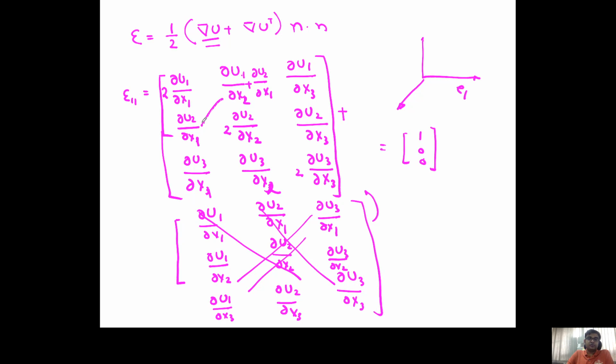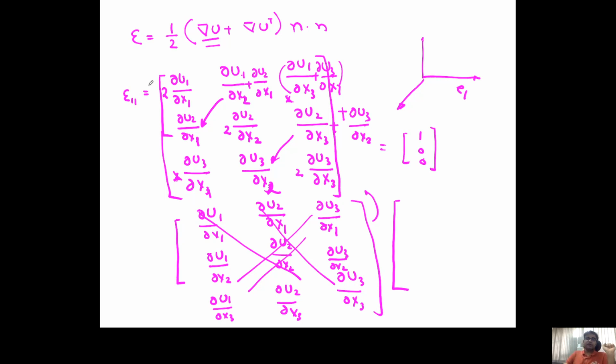This is symmetric, so this will come here, and this becomes plus del u3 by del x1. Again, this is symmetric, so this should be identical to this one. And this one will become del u3 by del x2 plus del u2 by del x3, and this is symmetric, so this will come here. Then if you take the half inside, this 2 will vanish and half will come here. But in any case, we have a symmetric matrix.